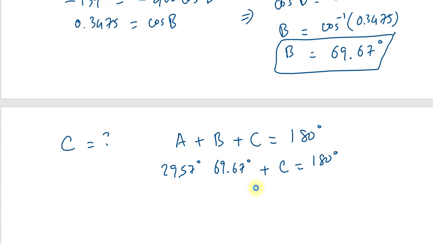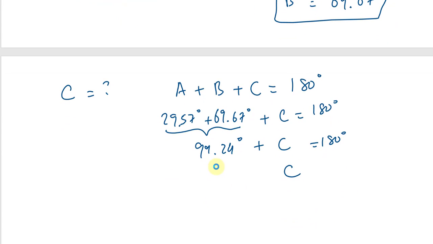So to find C, we first add these two: 29.57 plus 69.67 is 99.24. So 99.24 plus C equals 180. To find C, we subtract 99.24 from both sides, and that gives me 80.76 degrees.